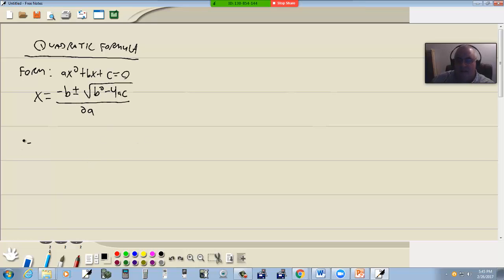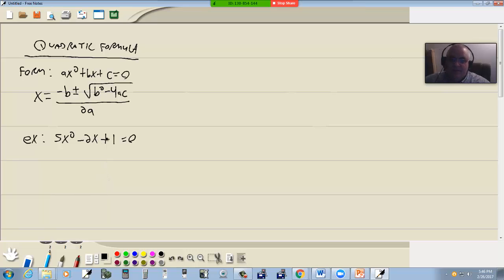For example, I have 5x squared minus 2x plus 7. Well, let me change that 7 to a 1. Want to make sure I come up with something that you can't actually solve with another method.